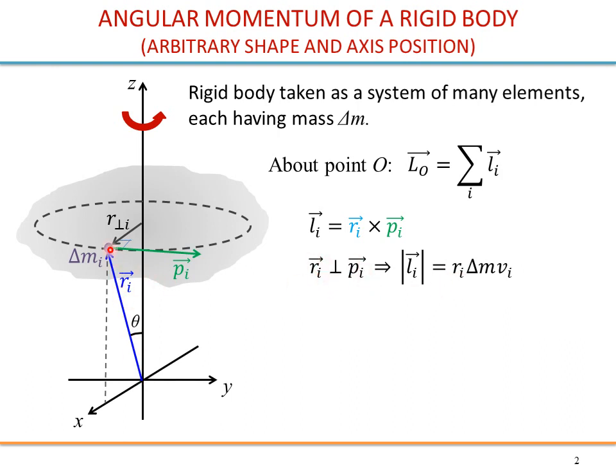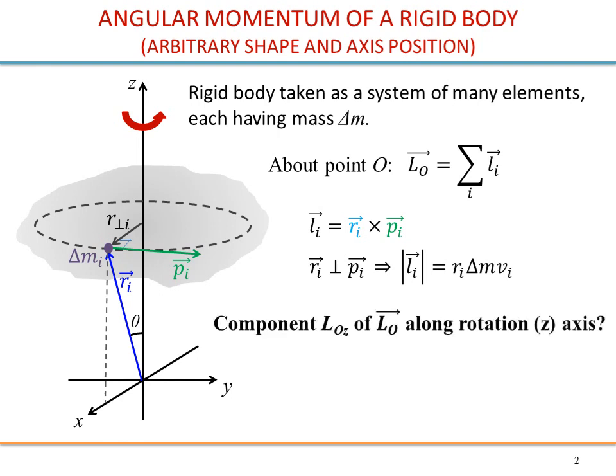This vector is perpendicular to this one. So now this may be complicated. Taking the sum may be complicated. So we are going to focus on the component along the axis of rotation. One way to calculate that component is just to sum all the z components of each individual momentum.